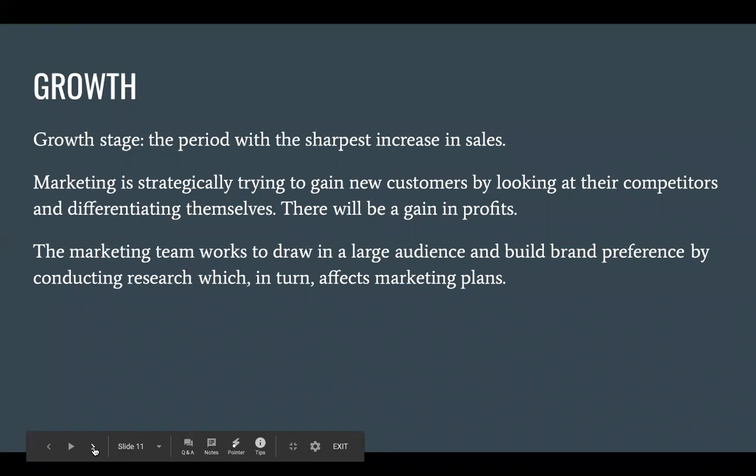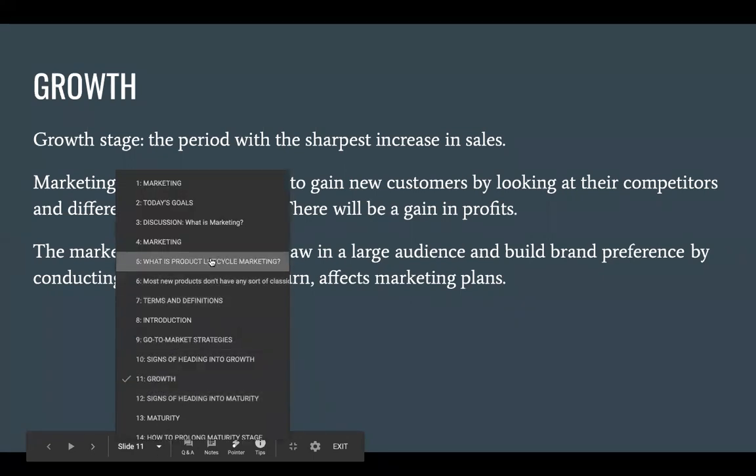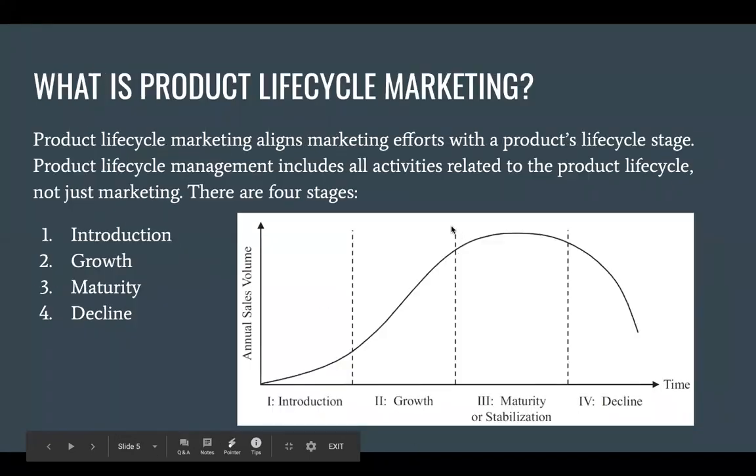During the growth stage, this will be the period with the sharpest increase in sales. So if we go back to this picture, you see that the slope is almost a linear line, really exponential growth, really. It's kind of curved.